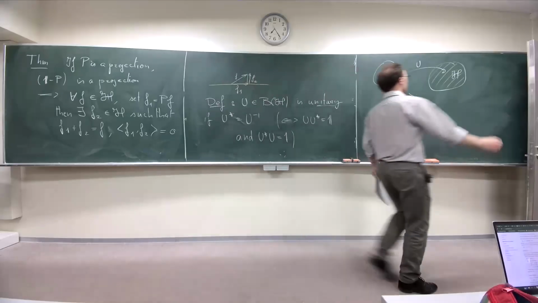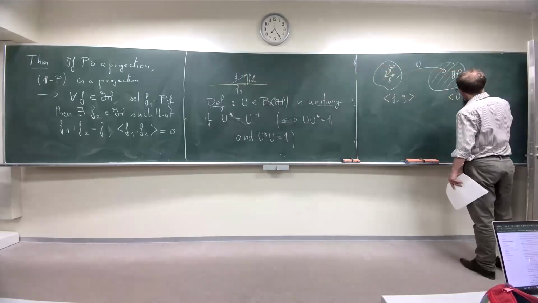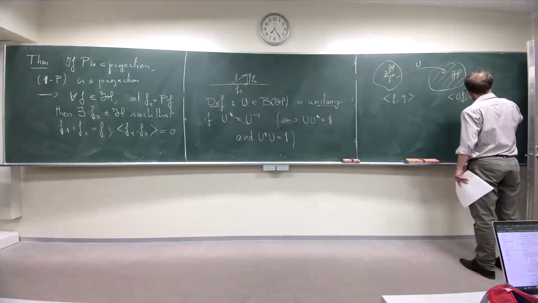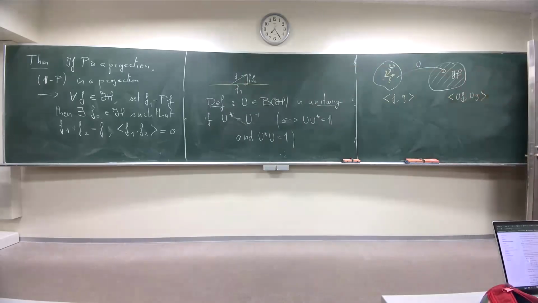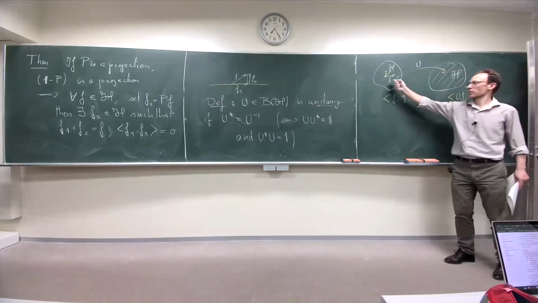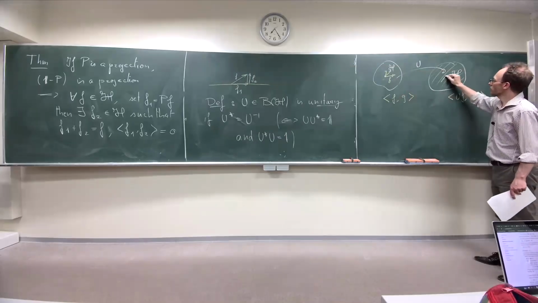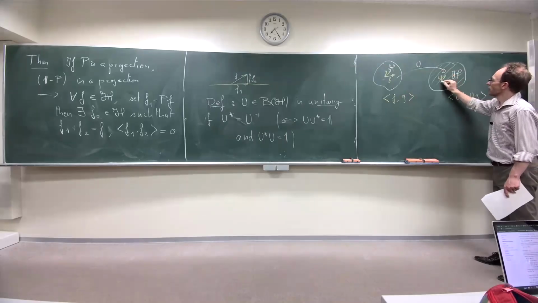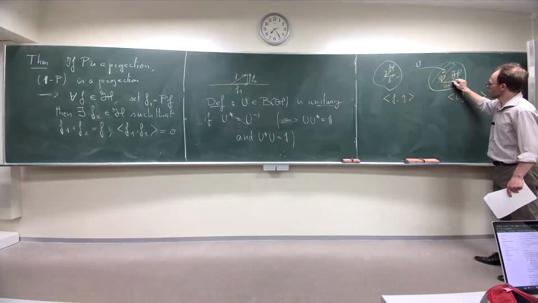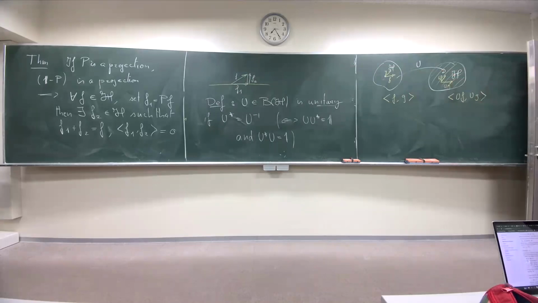And if I take the image here, UF scalar product with UG, what can you say about these two numbers? So this is a scalar product of two elements here. You have the UF, UG here. Can you say something about this?